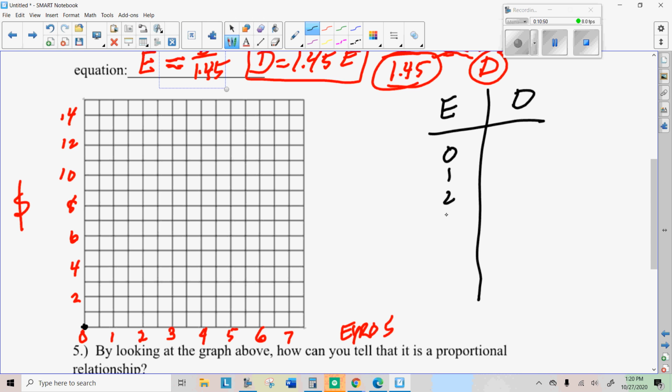We're going to go up to 7 because we need to graph that. Now I'm going to multiply 1.45 times the euros to get the dollars. So 2 times 1.45 is 2.90, and so on. Basically, I just add 1.45 for every euro.